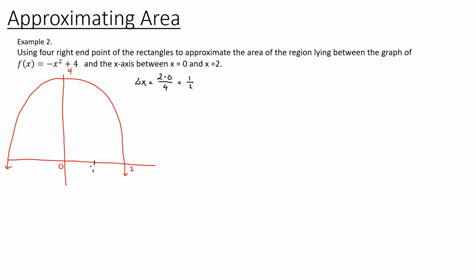So 1/2, and 3/2. But in this case, we're going to use a right endpoint. So in example 1, we used 0 instead of 1/2 because that was the left side of the first rectangular shape. This time we're going to use 1/2 to create it. So we're going to draw this all the way up to the curve.